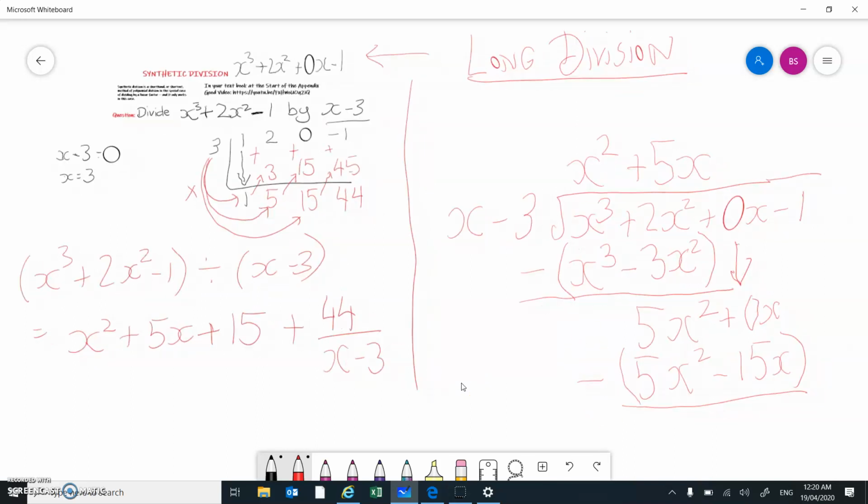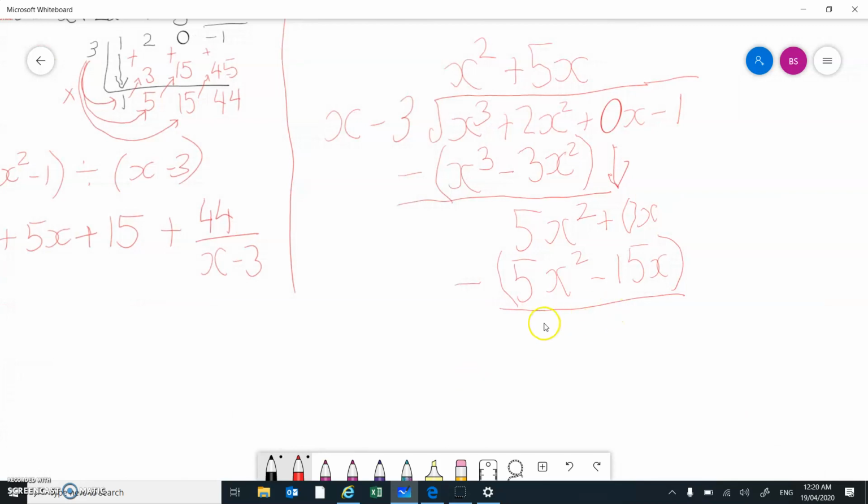Then we do a subtraction. This will give us 0. That's our check. Should always get 0 there. 0x minus minus 15x is 0x plus 15x, so it gives us positive 15x. Then we bring down the minus 1, because we like to have two terms next to each other.